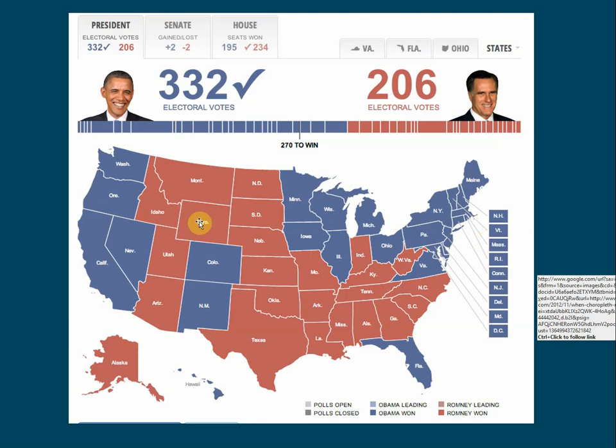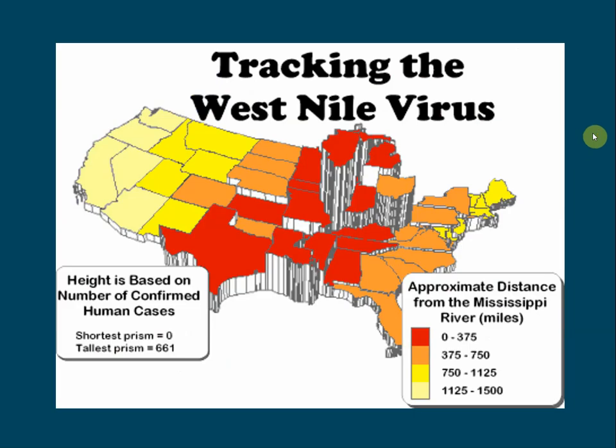So if the electoral votes get based off of where everyone voted, so if half the people in Oregon voted for Barack Obama and half the people voted for Mitt Romney, then the state's electoral votes would get split right down the middle between the two. So they're an exact representation of their popular vote. There's been a lot of topics on that recently, but we won't get into it.